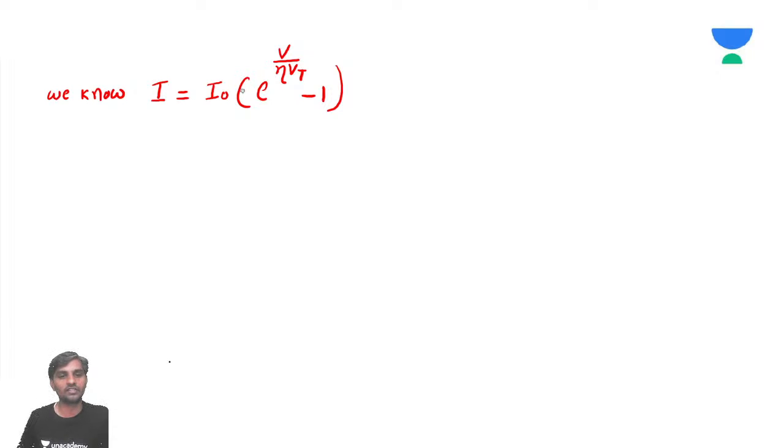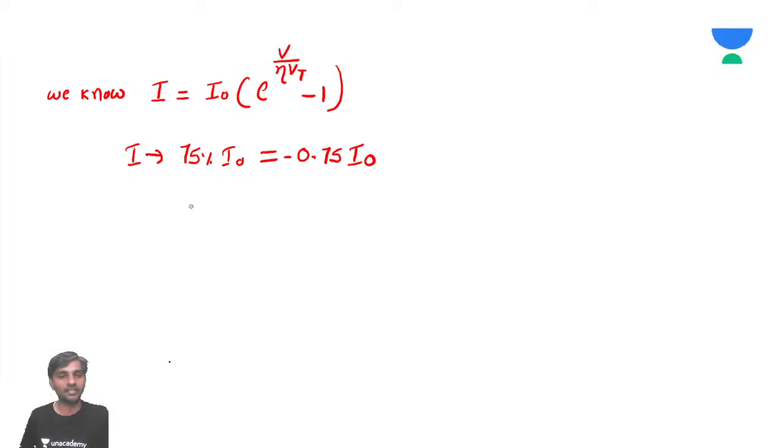So what it is saying is that this I should become 75% of I naught. What does it mean? It is 0.75 of I naught, and it is in reverse bias, I should say.